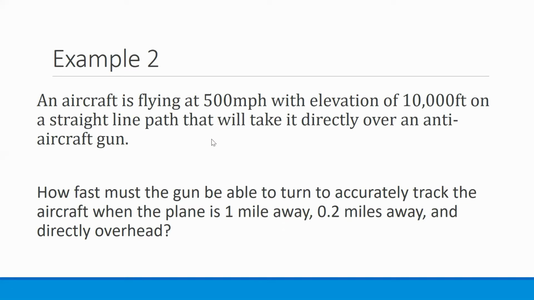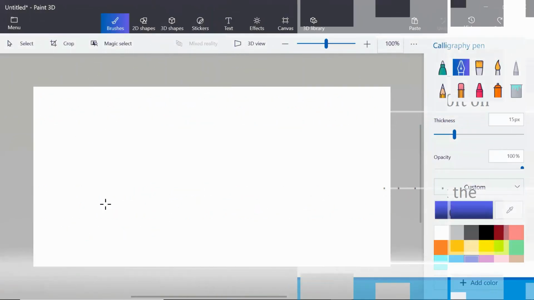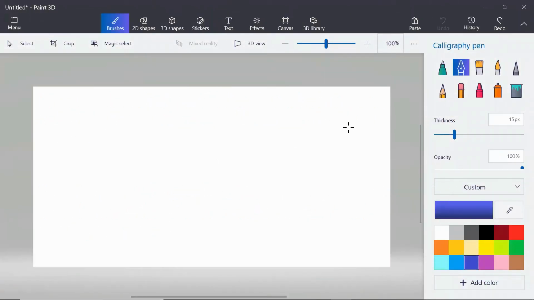This is a very different type of problem because we're talking about the gun being able to turn. So let's draw this out in a rough sketch so that we can figure out what's going on. So we have a plane flying over.